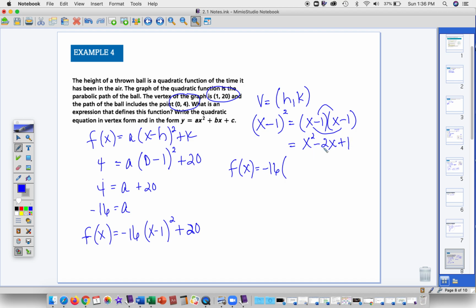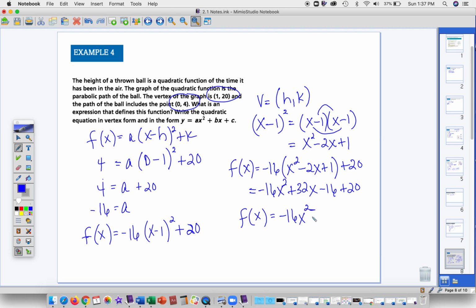So it becomes -16 times this trinomial, and then on the outside, I have the +20. So my next step is to distribute the -16. -16 times -2 is a +32. -16 plus 20, so when I combine the constants, here's my final answer: -16x squared plus 32x plus 4.